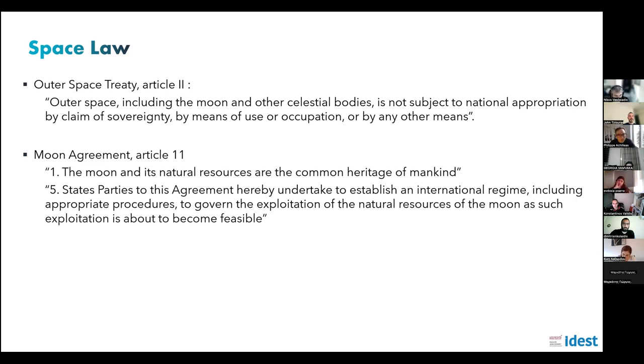As a consequence, because the Moon and its resources belong to everybody, states parties have the obligation to establish an international regime in order to regulate exploitation of resources of the Moon as soon as this exploitation is about to become feasible. That is to say that in order to organize the commercial exploitation of resources of the Moon, a dedicated regime has to be established by states parties to the Moon Agreement.